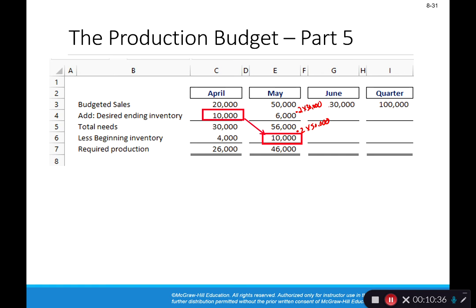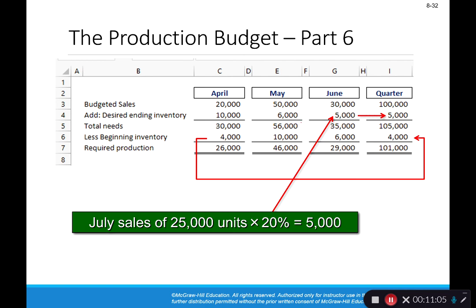So that's kind of the mentality I use when doing this. If it's 20% of the next month for ending inventory, I do that for ending inventory, and I know beginning inventory is 20% of the current month. But if you've already calculated the ending inventory for the previous month, in this case April, it can just carry down to May. Likewise, the ending for May would become the beginning for June.